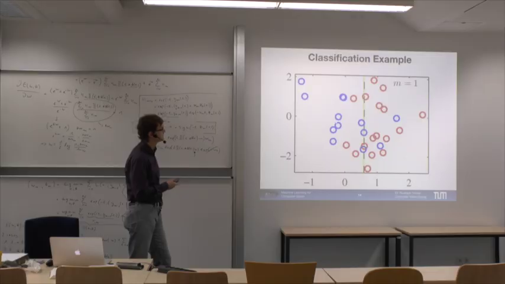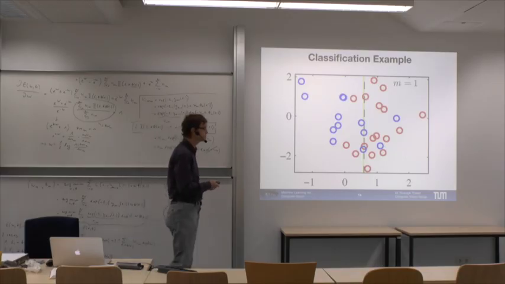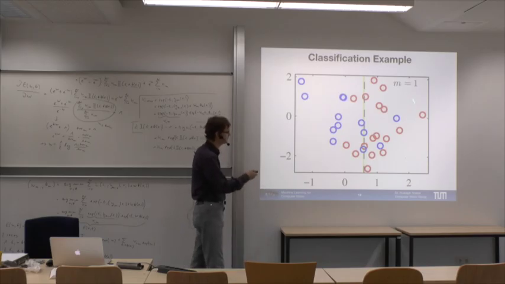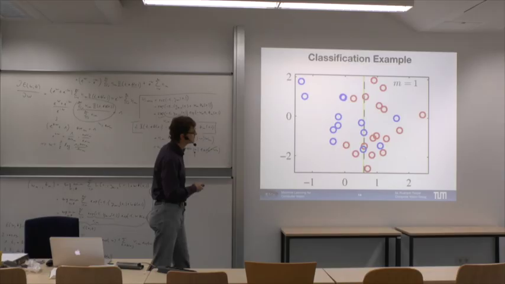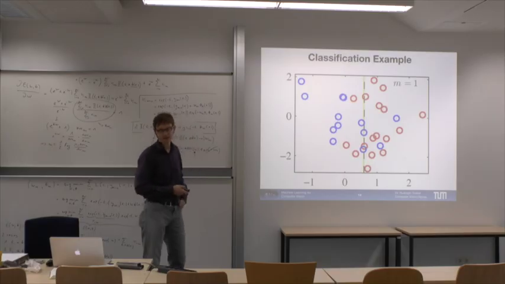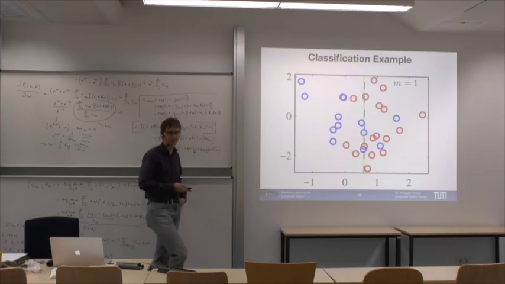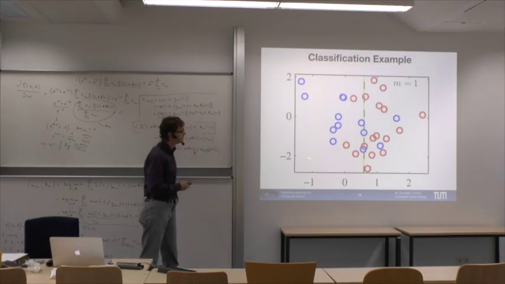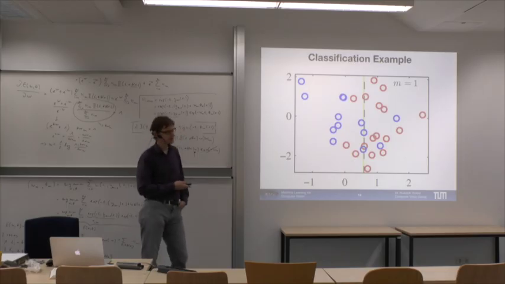So here, let's say the left part should be the blue prediction from the classifier, it predicts this as blue and this as red, which means that this point, this point and this point are misclassified by the classifier. Which then means by AdaBoost, I give a higher weight to these ones, and I keep the weight of these.